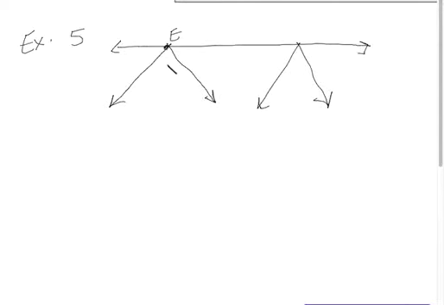This is E. This is A, B, H, C, D, G. They're telling us that this is 62 degrees, this is 58 degrees, this is 59 degrees, and this is 61 degrees. Now the question is, is ray EB parallel to HD? EB is this one, and HD is that one. Are they parallel?